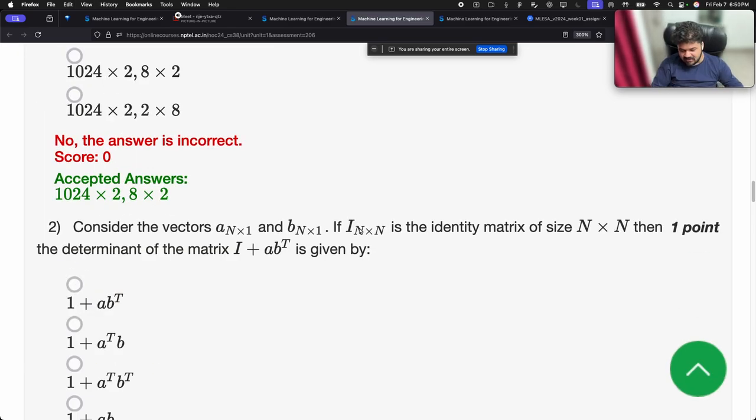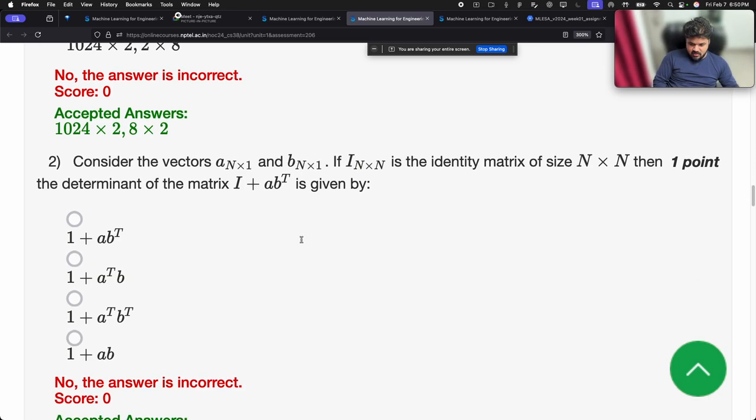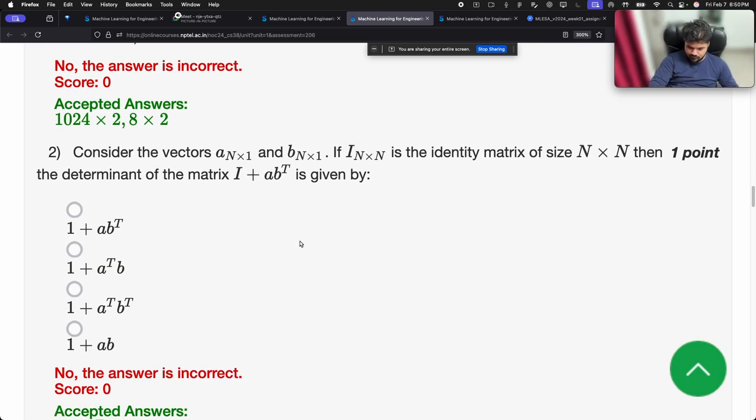After this magnification, these four options.